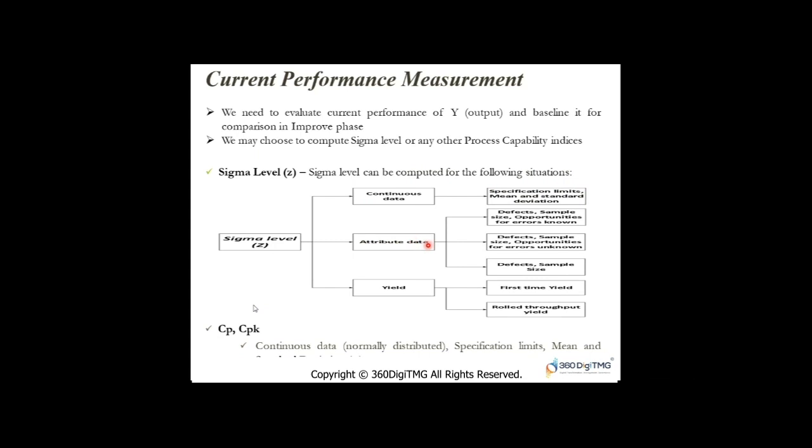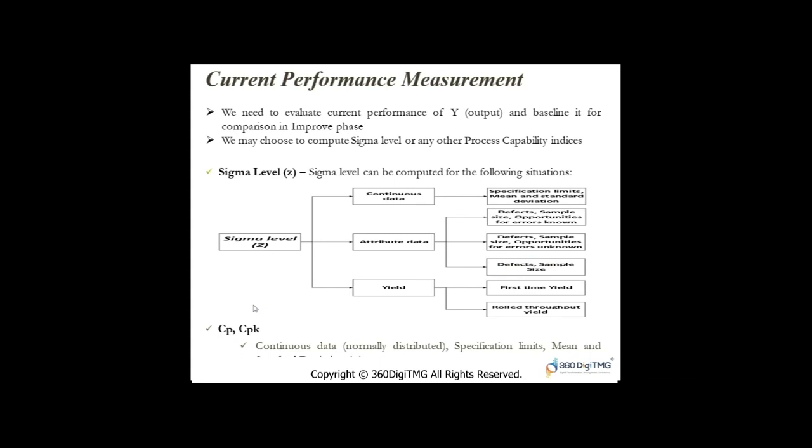If you have attribute data, there are three different scenarios. Scenario one: I know the defects, I know the sample size, I know the opportunities for error. Scenario two: I know the defects, I know the sample size, but the opportunities for error are not known. Scenario three: you know the defects, you know the sample size.